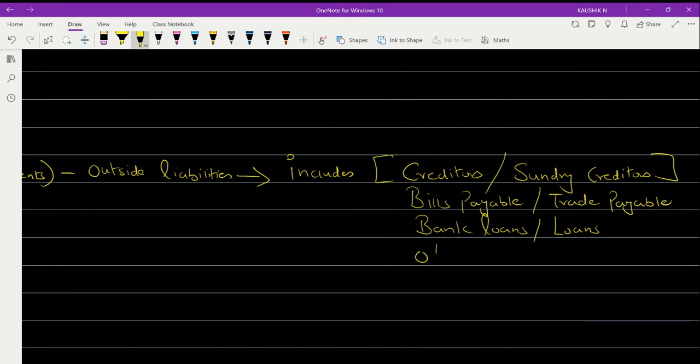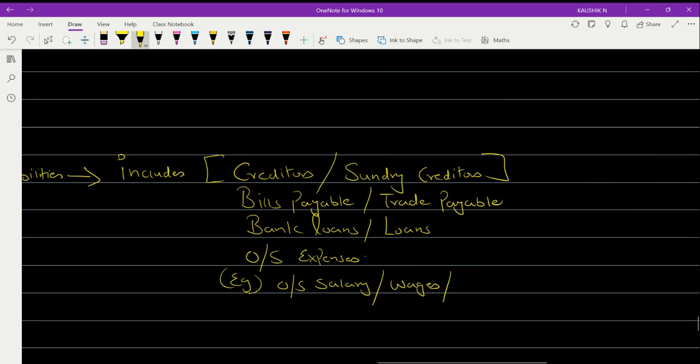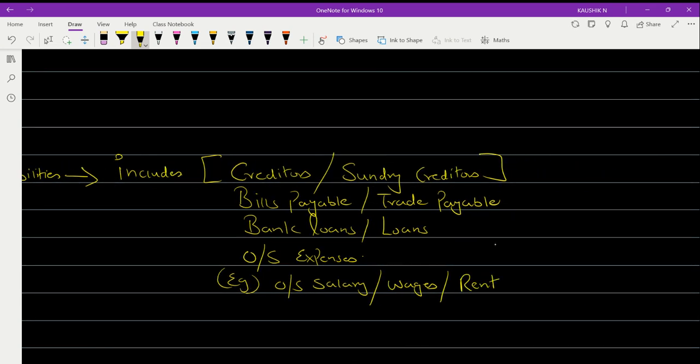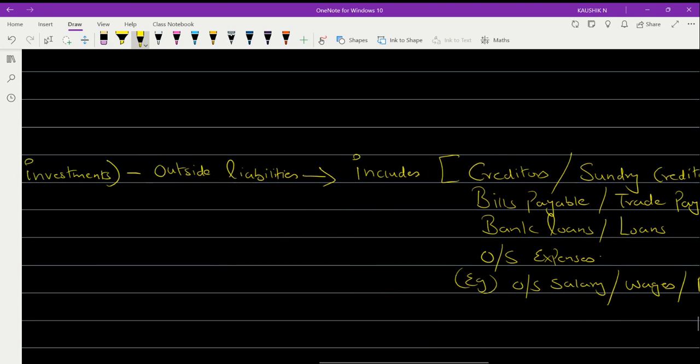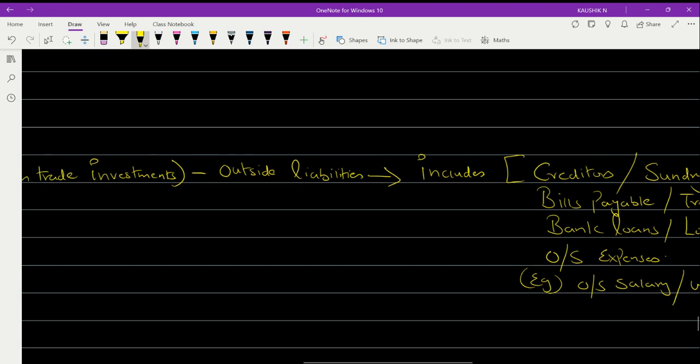Then you may have any amount of outstanding expenses, for example outstanding salary, wages outstanding or rent outstanding, etc. So creditors or sundry creditors, bills payable or trade payable, bank loans or loans, outstanding expenses such as outstanding salary or wages or rent accordingly, all these come under the category of outside liabilities. Am I making it clear to you?